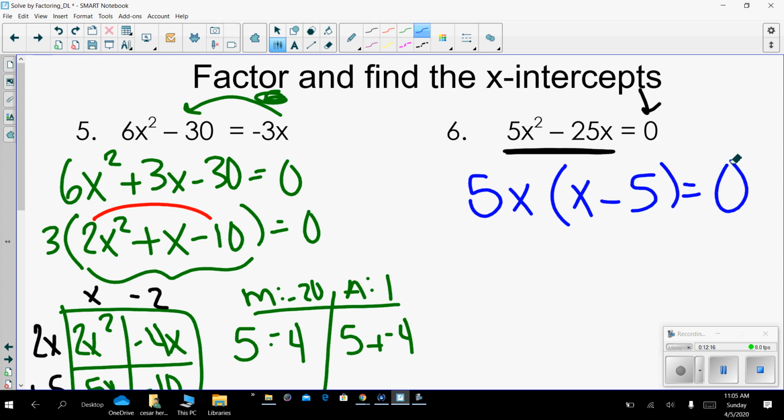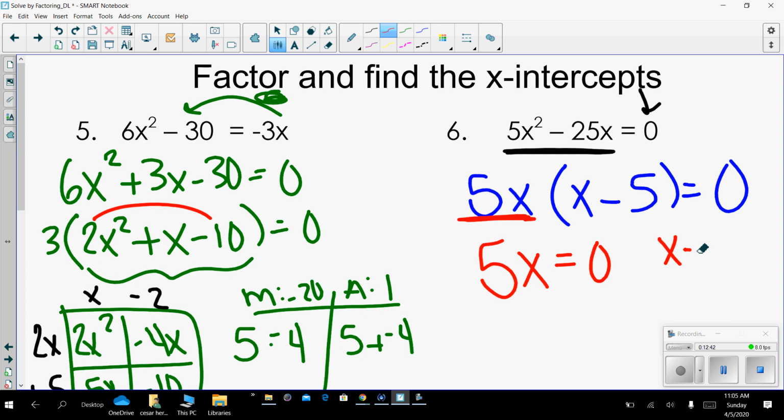And let's check our work. 5x times x is 5x squared. 5x times a negative 5 is a negative 25x. Okay? So by doing that, now I have my two factors. I don't have to use the box or the area model anymore because it's pretty much done. What do I mean by done? So you have 5x is equal to 0, because you have that one.